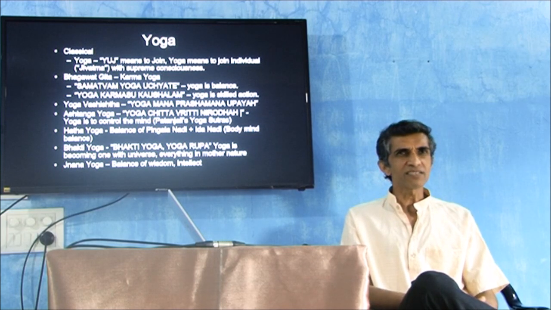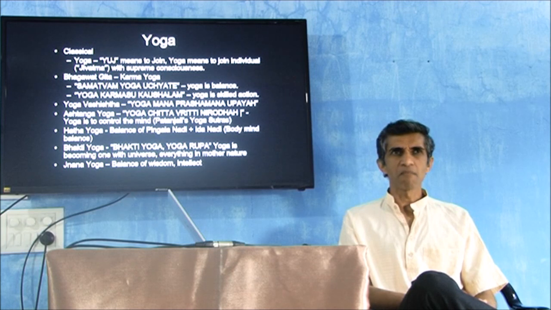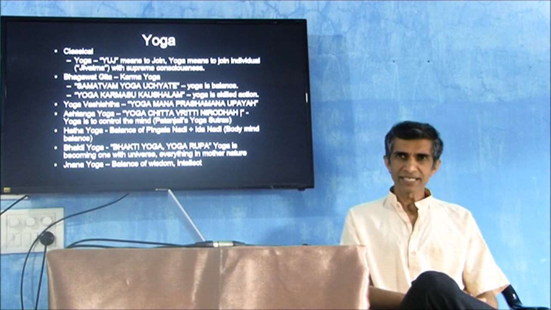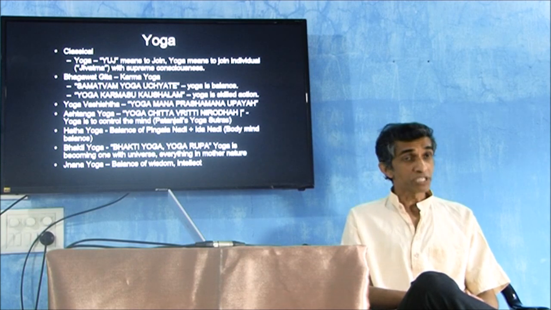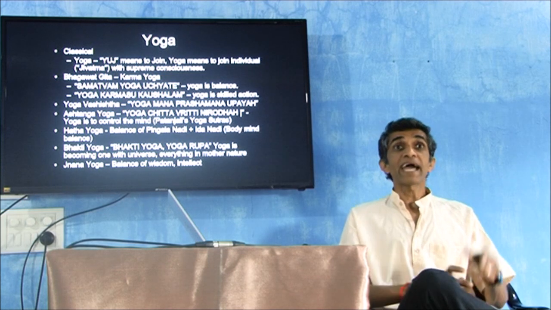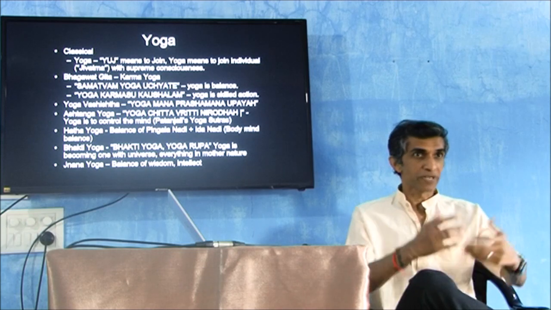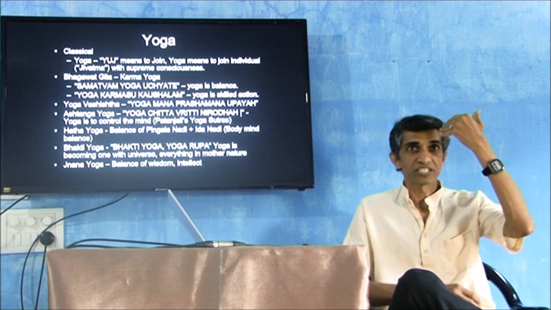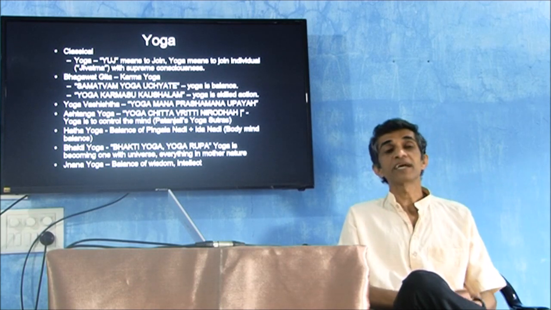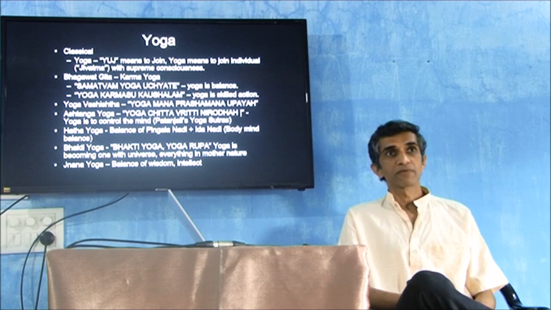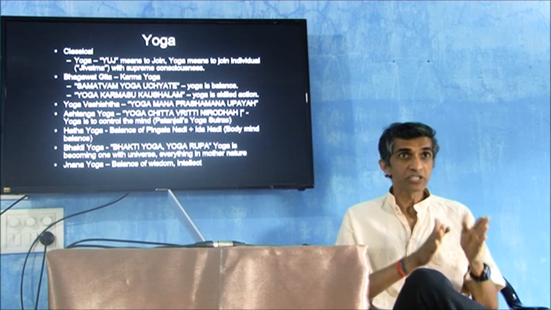And where are these three things? They are in my mind. The intellect is a part of my mind, the emotions are a part of my mind, and action also starts in my mind. Expression is outside, but action starts inside my mind. So this is again like the first definition, balance of mind.